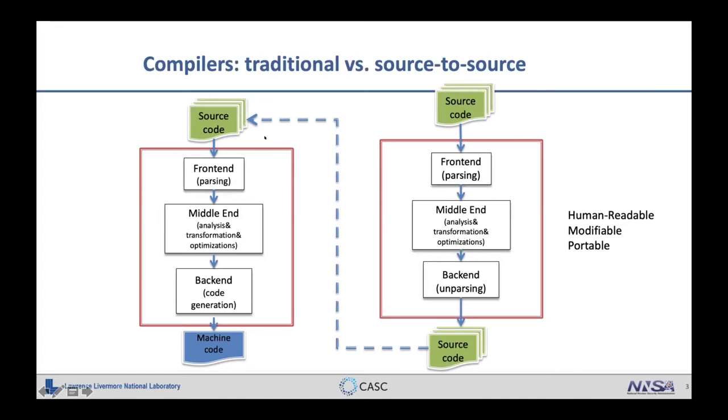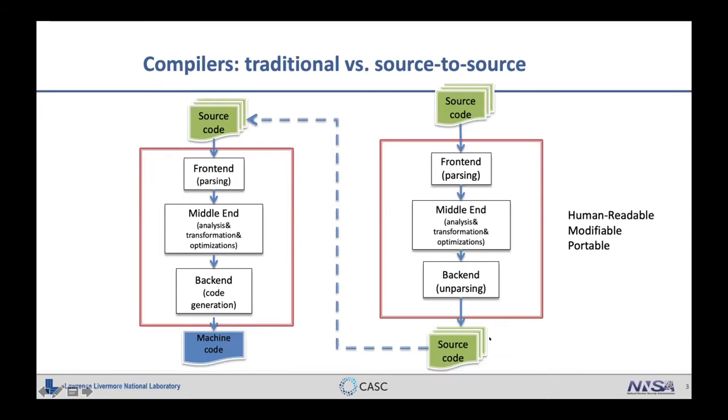They both accept source code. They have front ends to parse the code. They have a mid end to do a set of program analysis, transformation, and optimizations. Finally, they have a back end to convert their internal intermediate representation back to, in one case, machine code. In the case of source-to-source compilers, it would be source code.